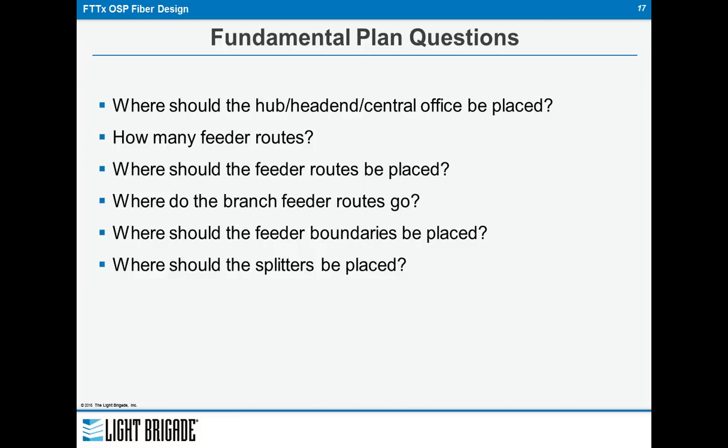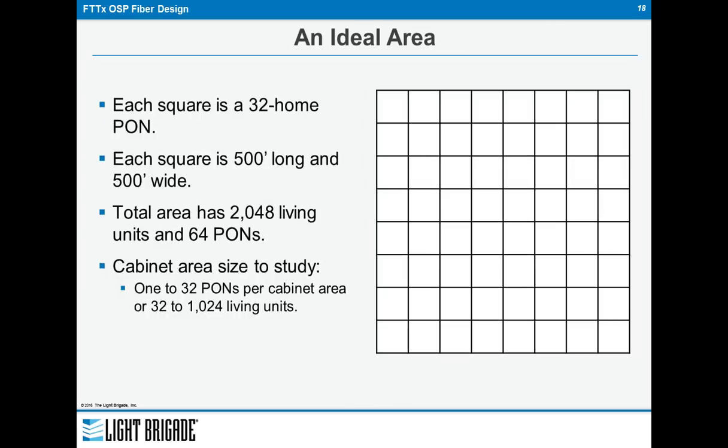Where should they be placed? Where should our branch cables go? How do we define the boundaries that those cables support? Which customers are those cables going to support? And then finally, where are we going to place splitters? So if you take an ideal world and apply it to the real world, it assists in making that determination.